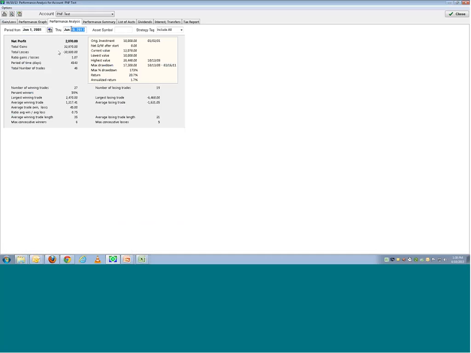And I think if I were to dial this thing back to, say, March 1st of 2008, you can see that we have a much better situation. 63% winners. The average winner was higher than the average loser. You see that?